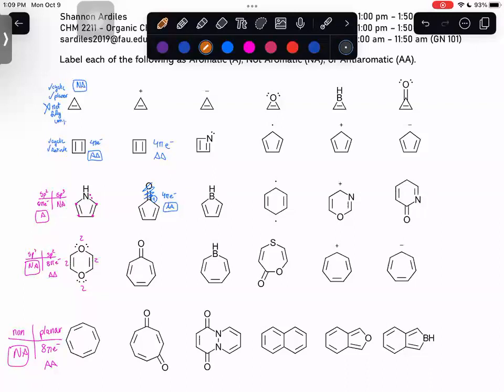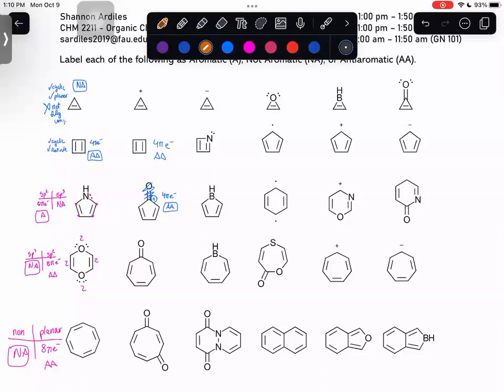Pi electrons, and also everything has to be sp2. That's the basic definition of conjugation. In this case, the carbon has a pi bond to the oxygen, so it's still technically conjugated. Yeah, everything's conjugated.